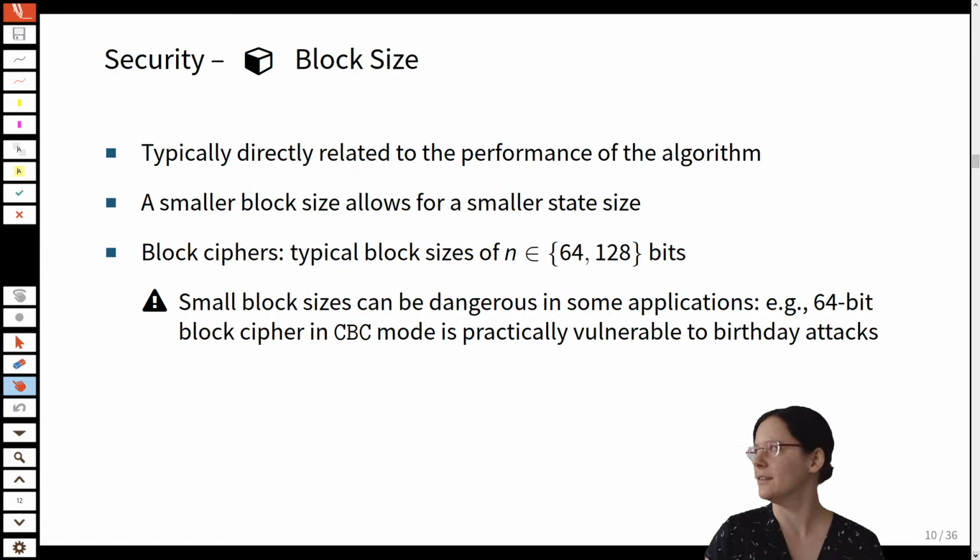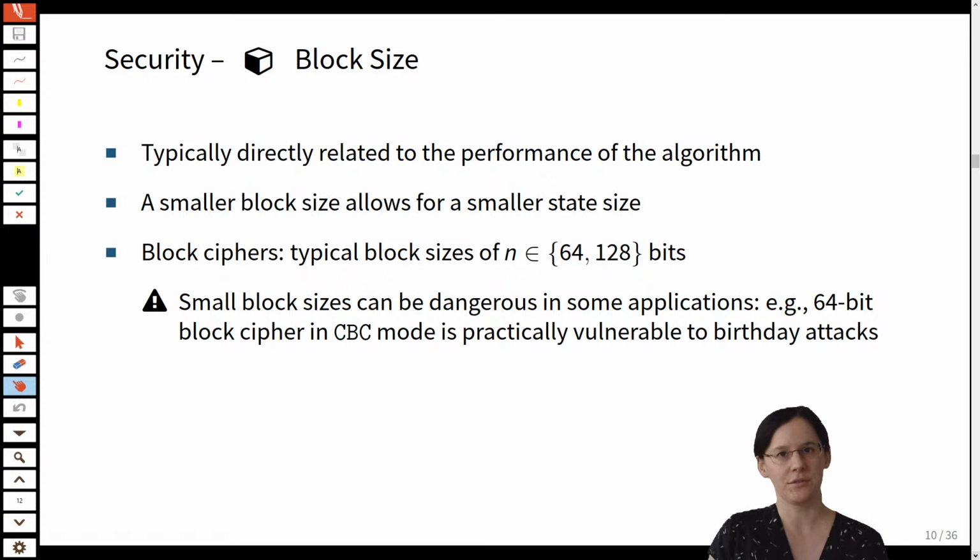If you look at the lightweight research of the last 15 years or so, you find quite a lot of lightweight block cipher designs, and most of them have something like 64-bit states. Some have 128-bit states. And where this can become an issue is if you then want to use the cipher to process a lot of data, because then you run into effects of the birthday paradox.